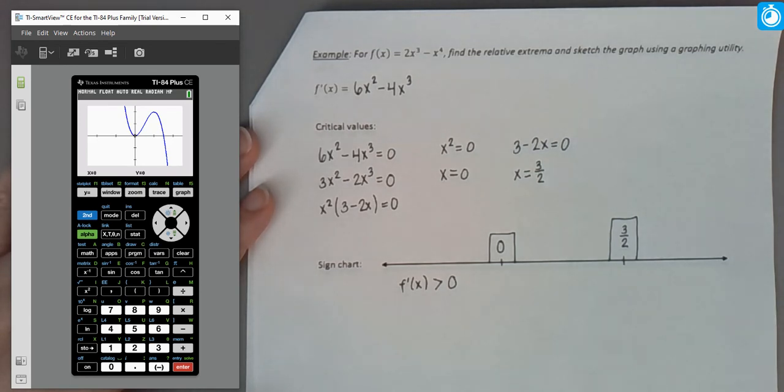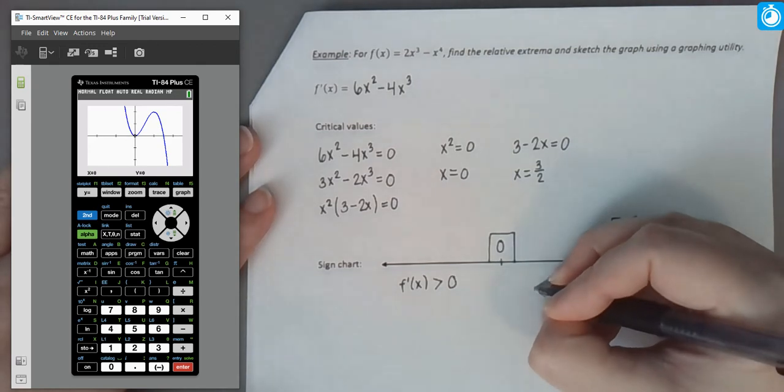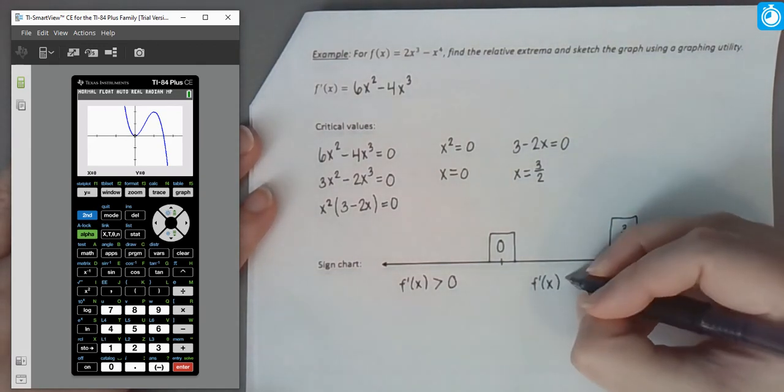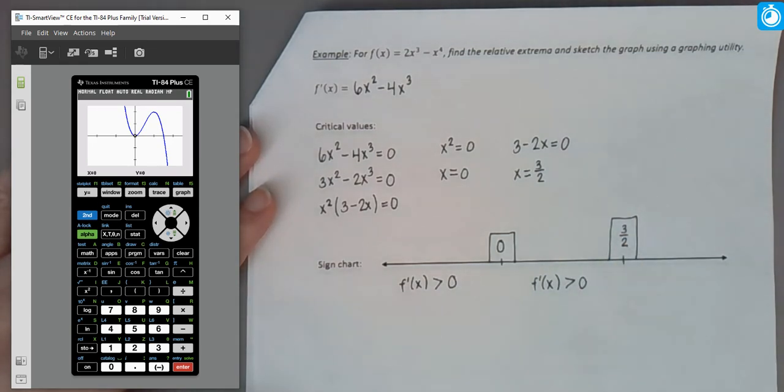Well, notice we hit the x-axis, but then we turn around and go back in the direction we came from, and the outputs are again positive. So between 0 and our next critical value at 3/2, we're still above the x-axis, which means the derivative is still going to be a positive number.